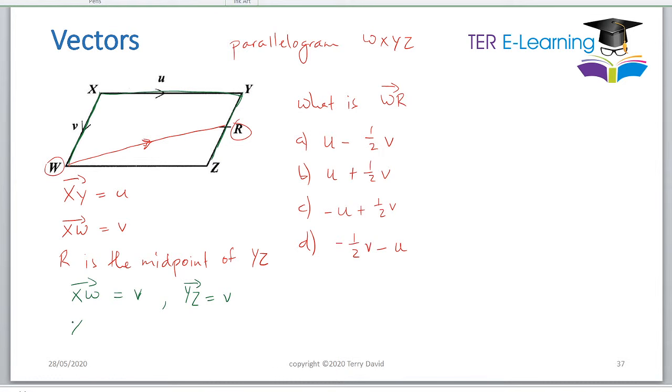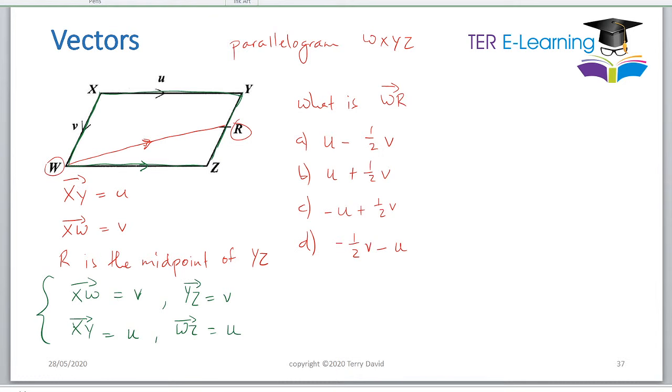XY is U. Now, XY is equal to U, which means that the vector WZ, that's this vector here, is equal to U, right? So we can make these statements because we are dealing with a parallelogram, right?